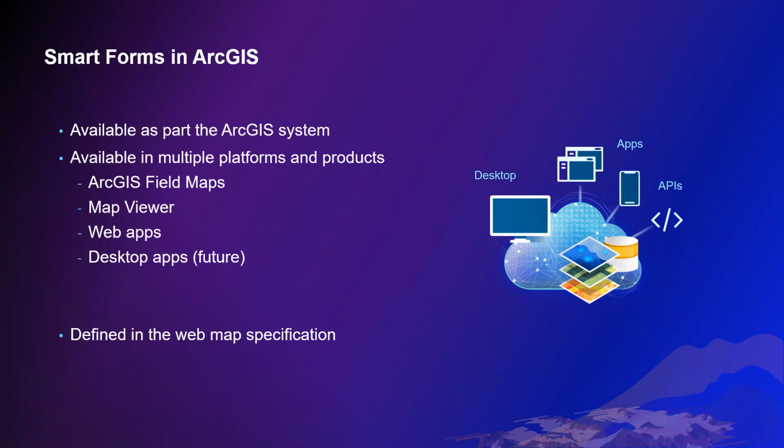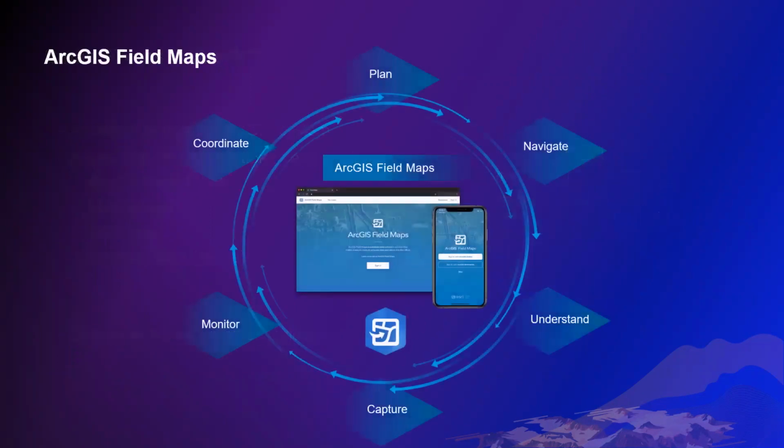And then it manifests itself in Field Maps with Field Maps smart forms in a different way. It's a different development platform, but they share a lot in common in the goals, what they're trying to do. Okay, so we're going to see that here when we set this all up. And it's better to just talk about it.